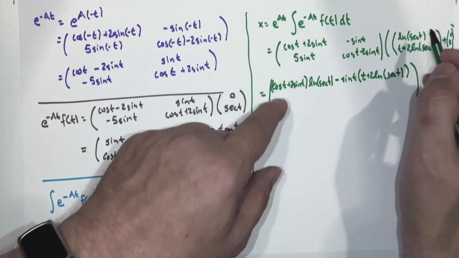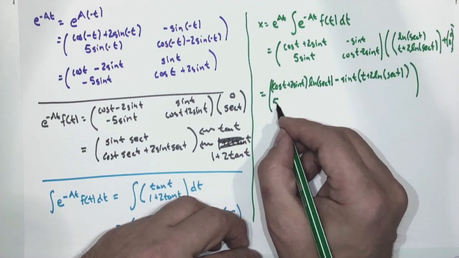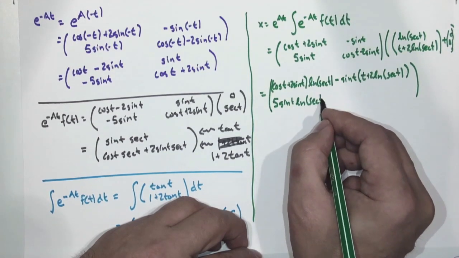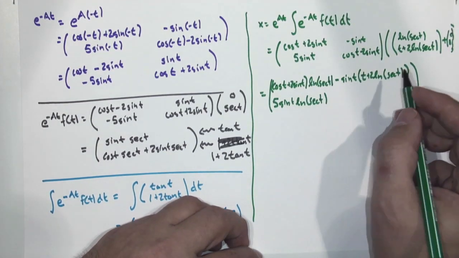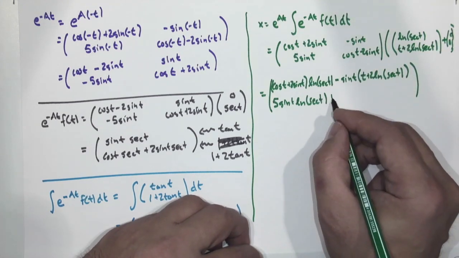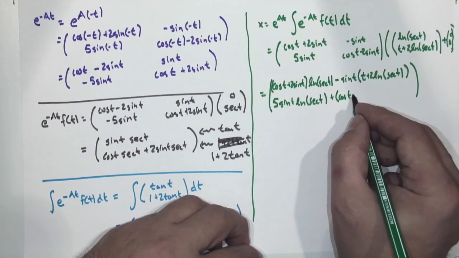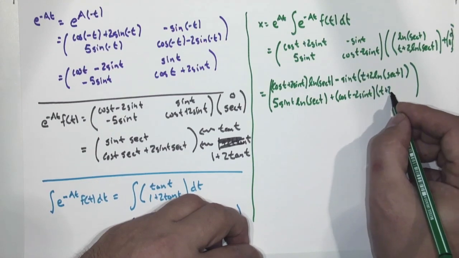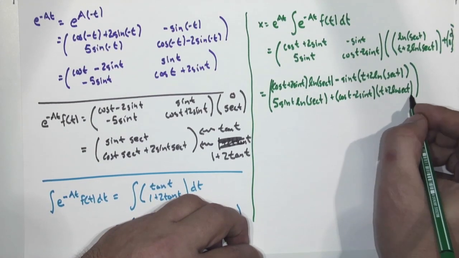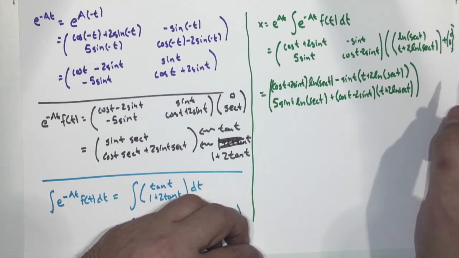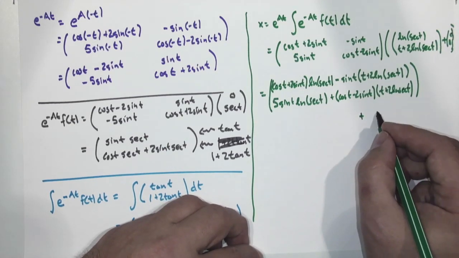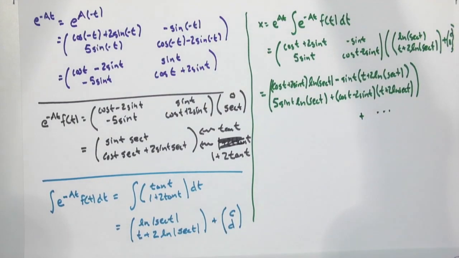And then we have bottom, 5 sine t log secant t, and then plus cosine t minus 2 sine t times t plus 2 log secant t. Plus other stuff. We'll come back to that in a second. Does any of this simplify?